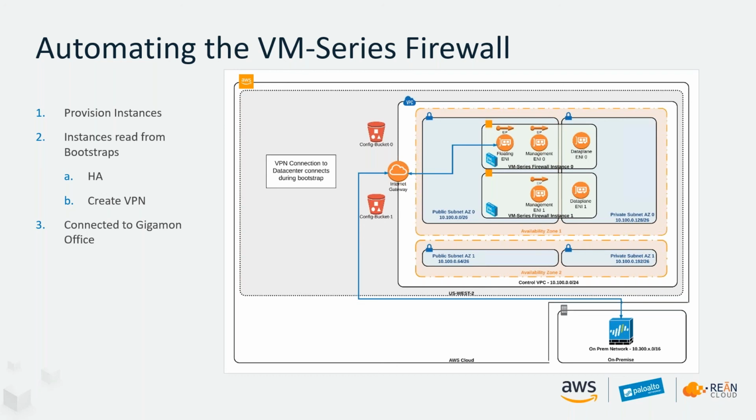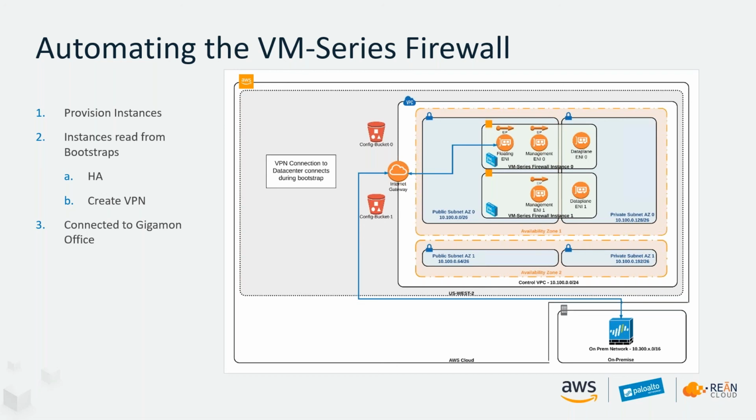And we're also able to deploy a set of security rules so that those are configured in a proper fashion as per the requirements of Gigamon's security organization. And so the bootstrapping really had a really powerful impact on creating a secure VM series with a solid configuration right off the bat. And so, as Matt highlighted, that's a great feature that they've got to be able to do that. And so this is the way we're able to do it on the cloud.